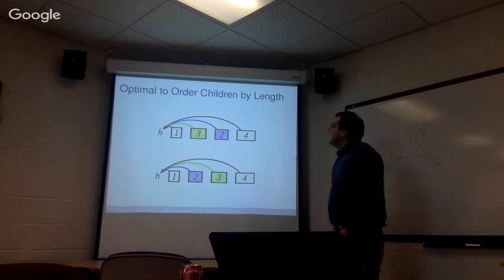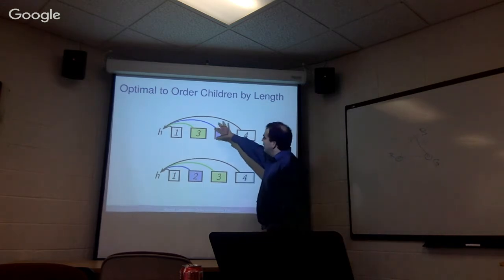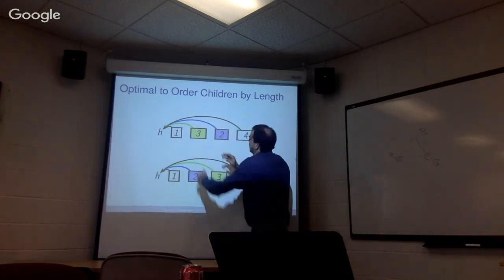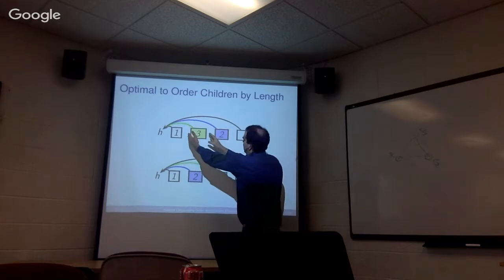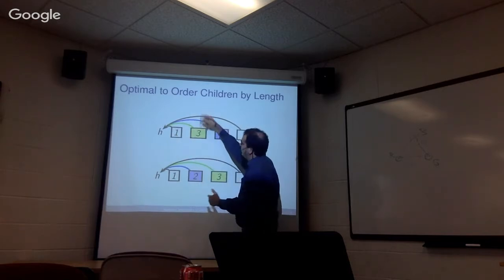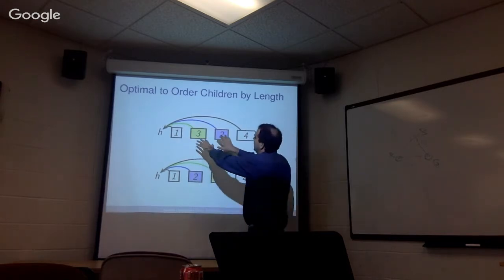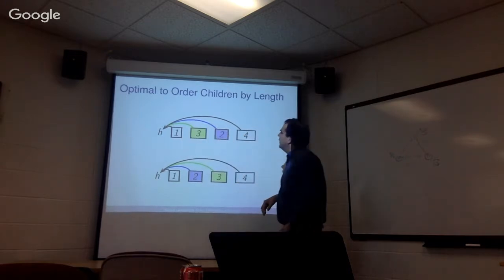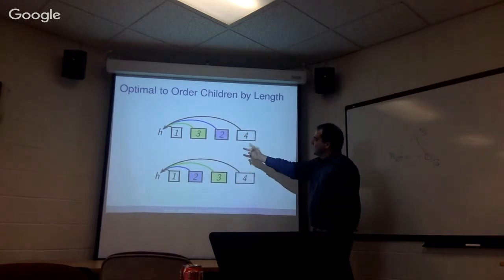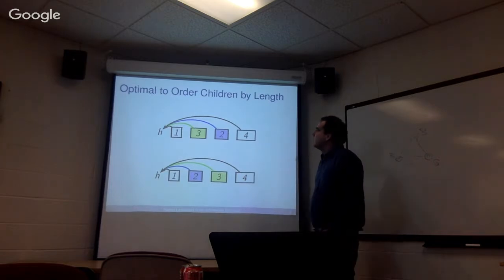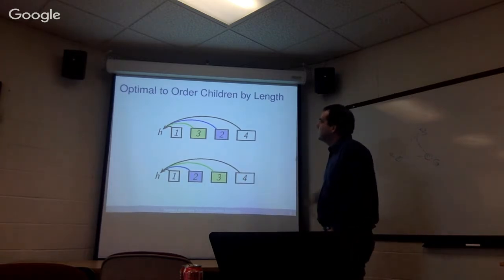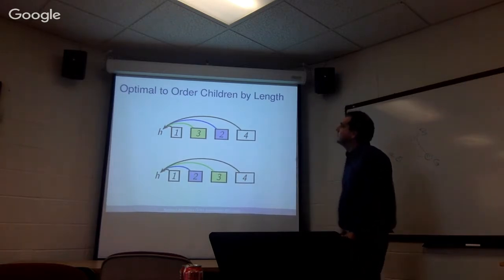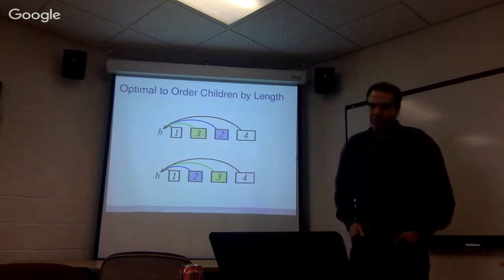Then all the arrows on this side have to cross however long this is, and if this is what's closer to the root, it has more arrows going over it. So if you have something that's shorter outside of something that's longer, you can improve the total length by switching those. So you can always make the dependency length shorter by pushing the smaller subtrees closer to the root.